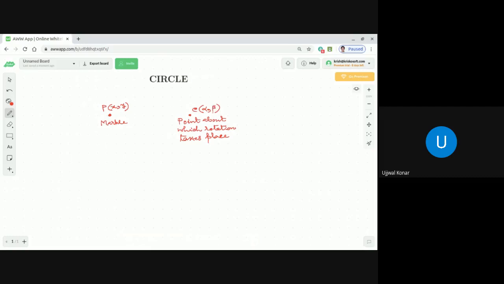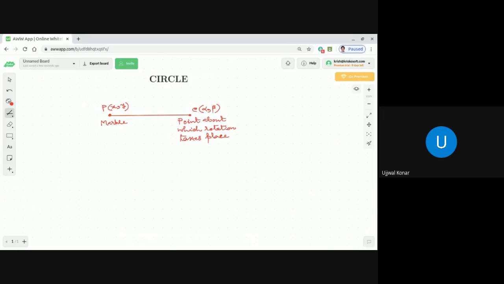Now, if you notice, dear students, the point C is fixed, but point P is moving in that circular path. As we all know, CP is nothing but the radius of this circular path, correct?